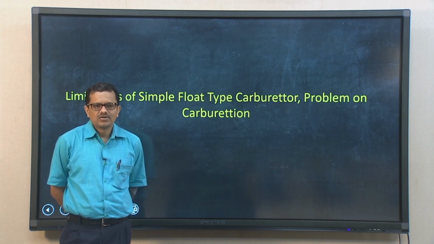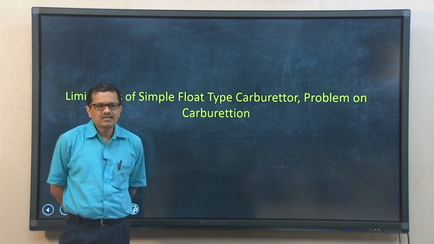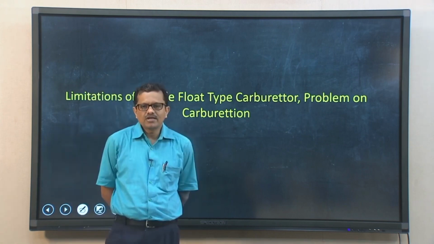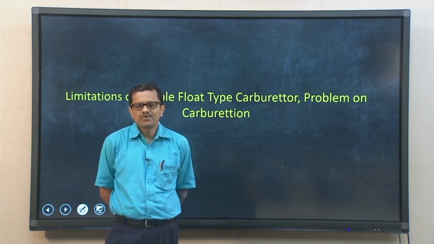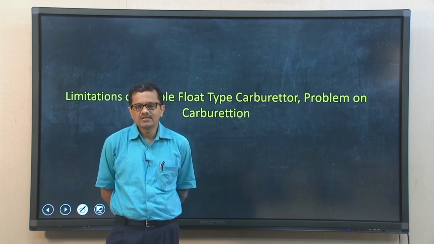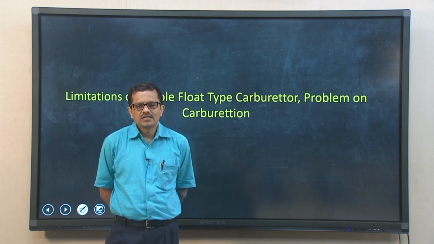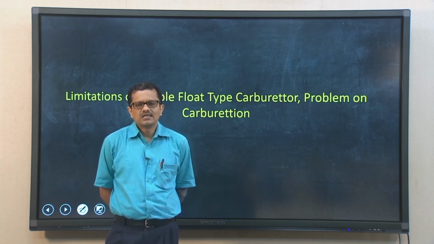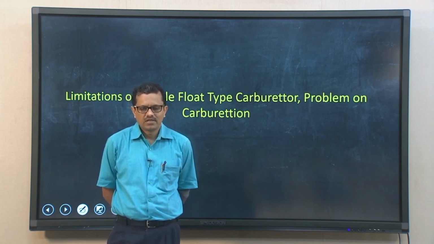From these expressions we could write the ratio of fuel and air mixture. Now, we had seen that if we superimpose the mass flow rate of fuel and the mass flow rate of air for varying pressure difference, the ratio of fuel and air, or air fuel ratio, is increasing linearly with a change in pressure drop.